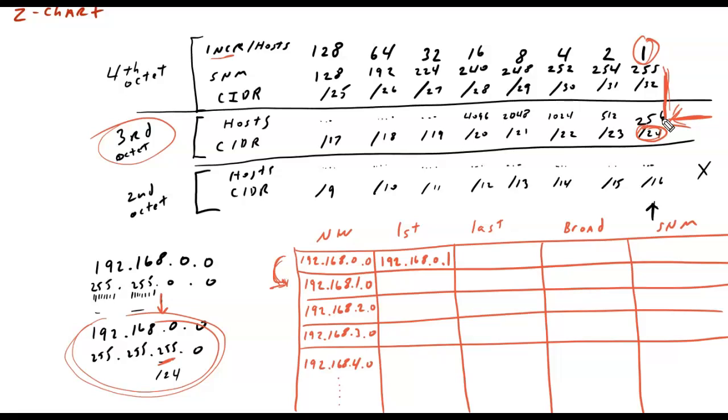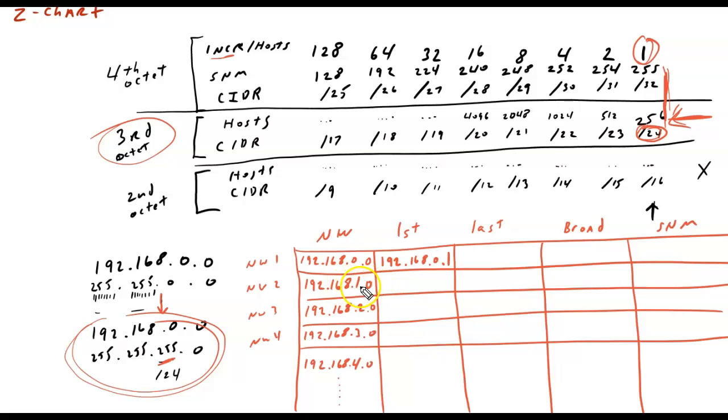But now I can use this to get my broadcast address, because if this is the address of network 2, let me erase this here. And I'm going to say this is network 1. Let me put my pencil back here. Network 1. This is network 2, network 3, network 4. If this is the first network, if this is the second network, then the first network must end with the one before that. 192.168, what's before 0.1?